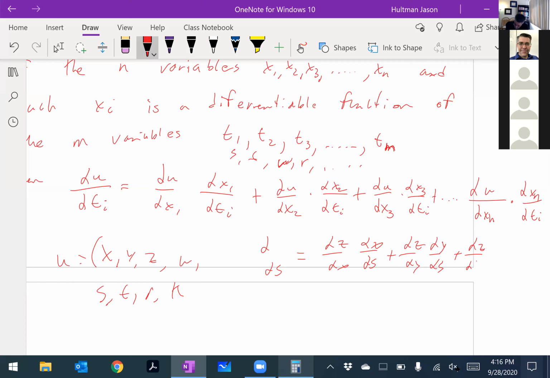u is a function of these. So this is u. I used z already, which was stupid. And this is du/ds.